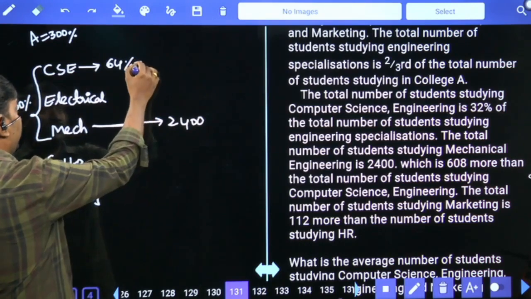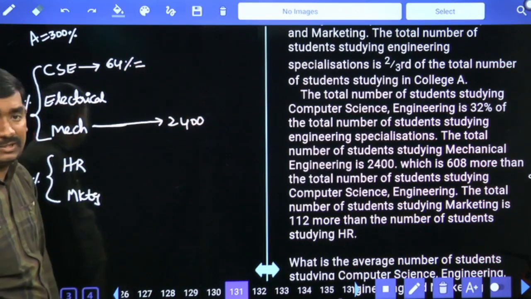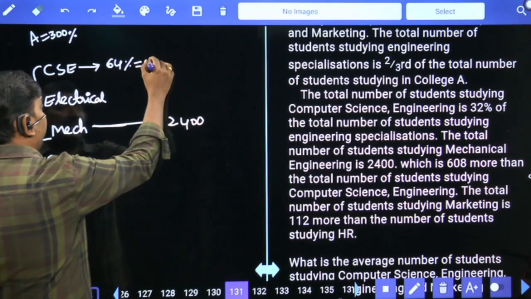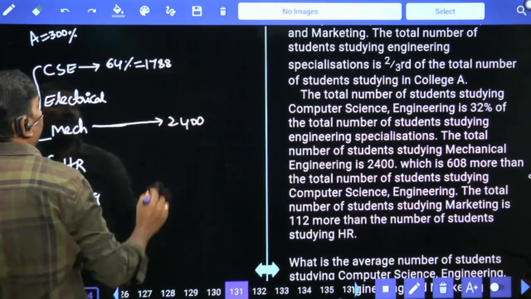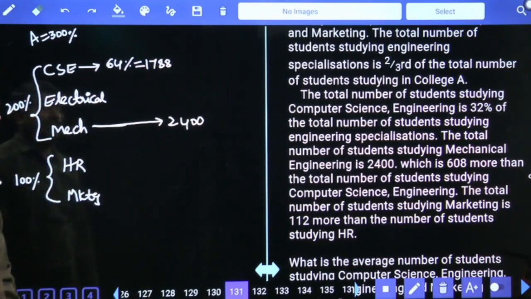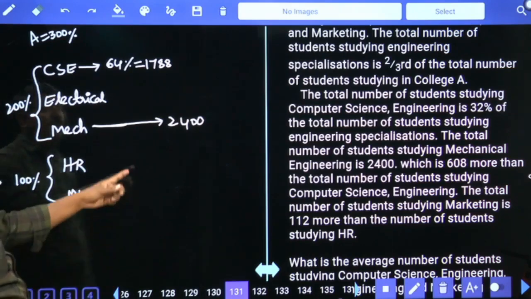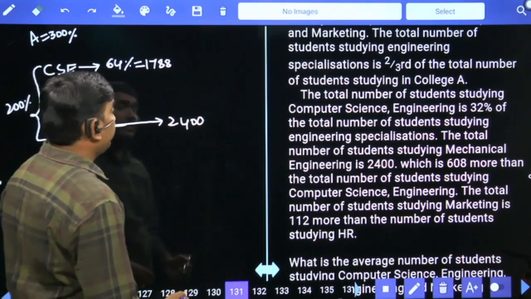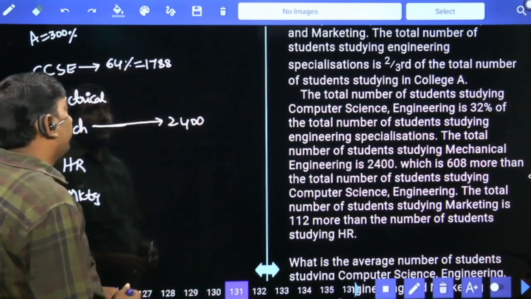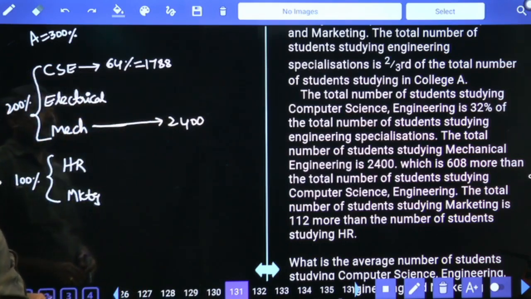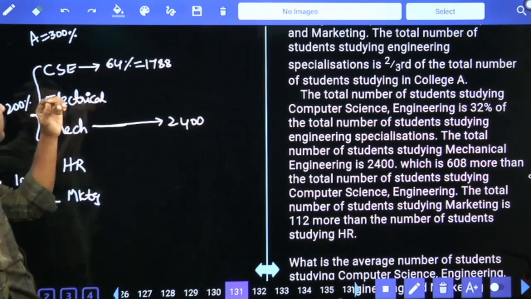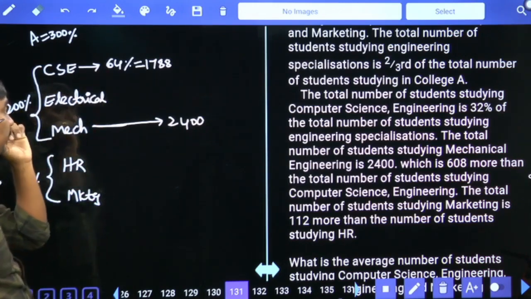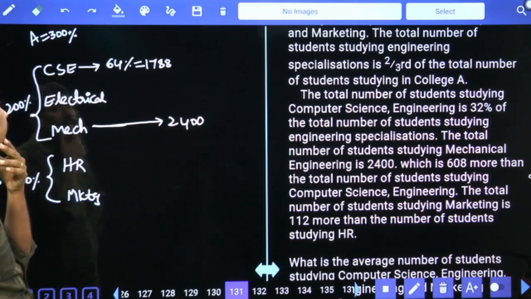Then computer science is nothing but 2400 minus 608, 1788. 64% value 1788, then 1% value, 64 2 times 128, left with 508.